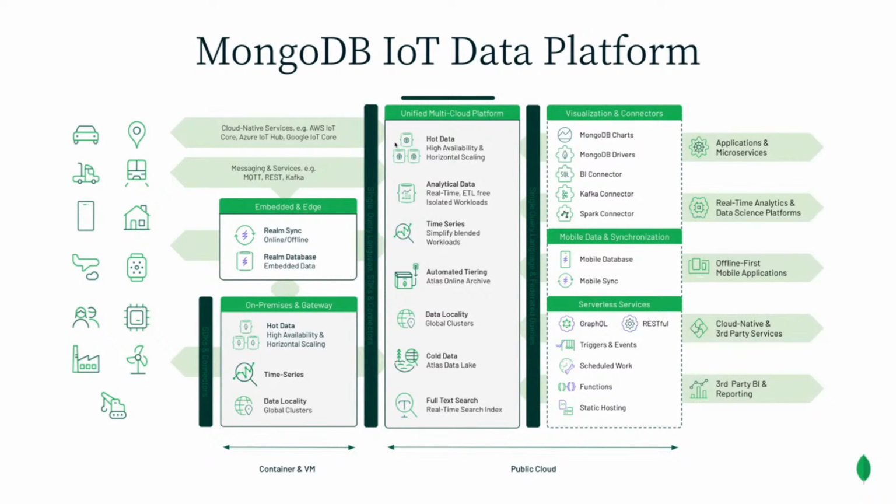This customer uses MongoDB to store a lot of their turbine data, data produced by 6,000 turbines. They're talking about 25 terabytes of hot data, so all of that data needs to be very highly accessible from the database. And they are able to do 25 terabytes with MongoDB fairly easily.